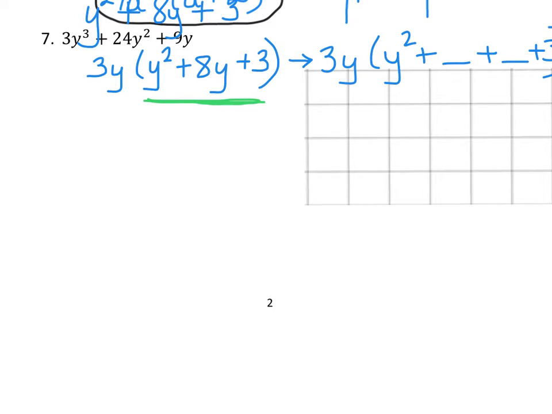And so this is going to be our first term, and this is going to be our last term, which means this is going to go in our first box, and this is going to go in our last box.